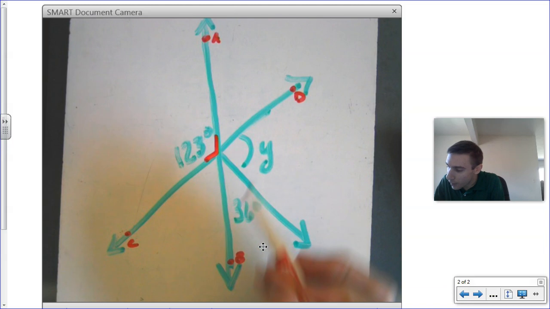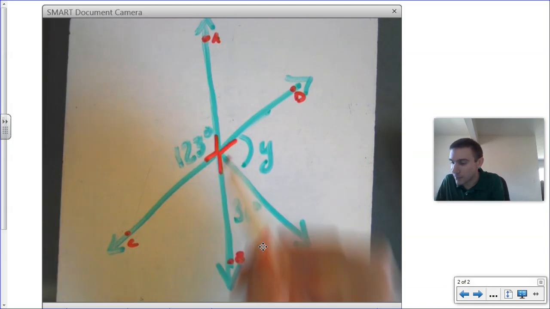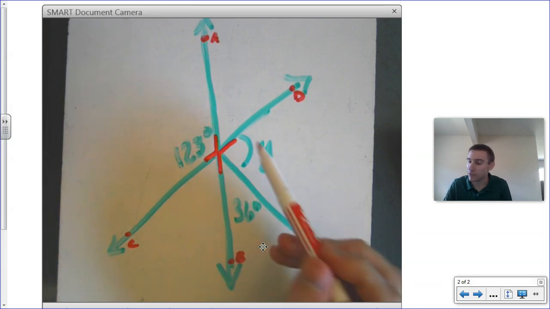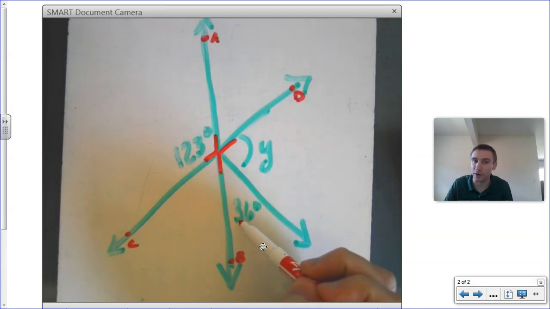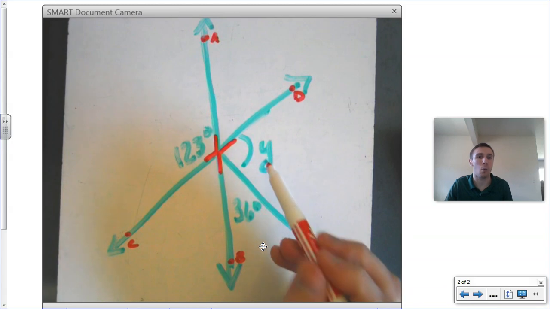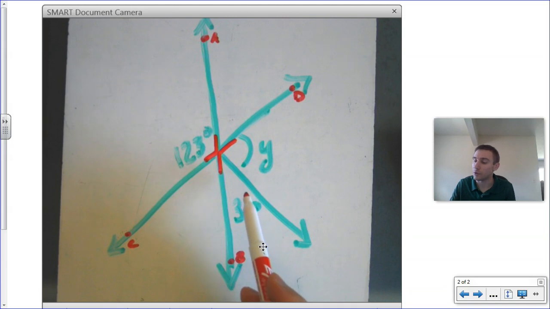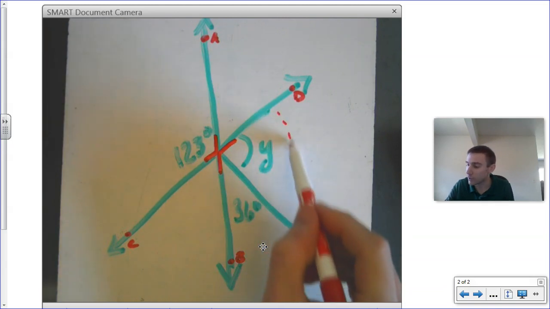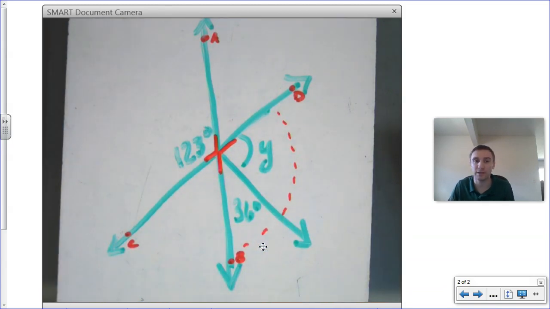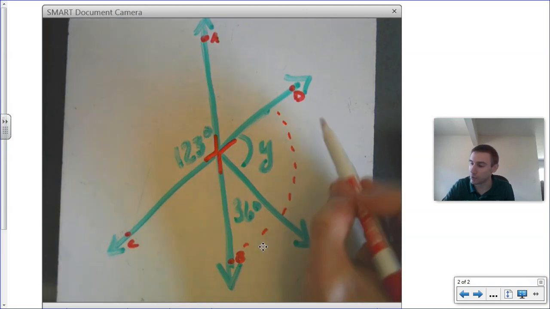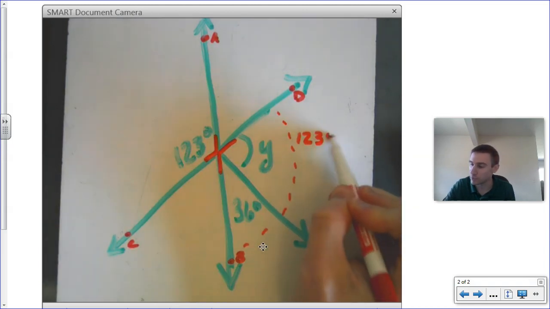And that vertical angle is going to be over here. And once again, I have 123 degrees here. I have 36 degrees here and missing angle Y. So this is very similar to the previous problem we just did, where we had to figure that this entire distance right here is going to be equal to this angle. So this entire distance is 123 degrees.